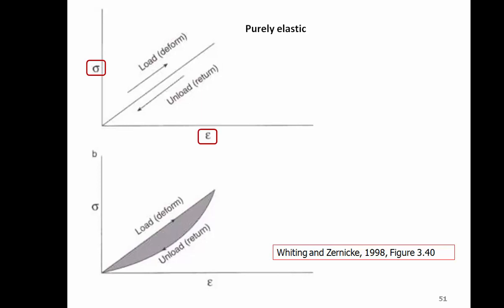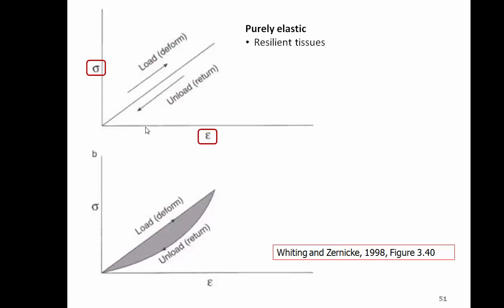As we load that material, as we attempt to stretch or bend it, it will deform, and then at the very end of this profile, the loading is completely removed and the material will return back to its original length. That's the relative measure of deformation, strain.